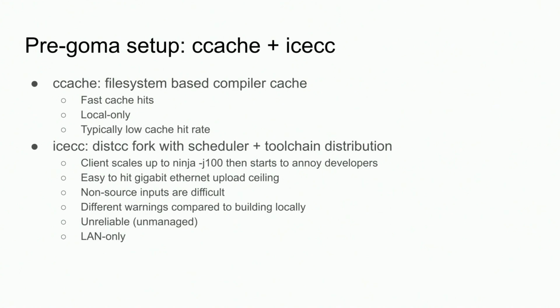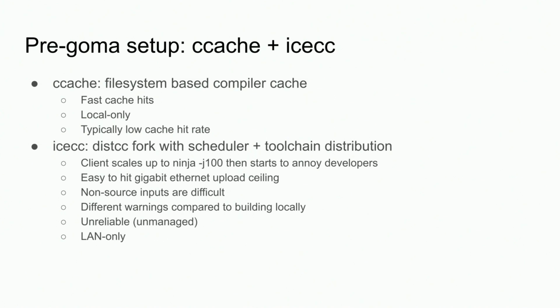This is the typical setup for most downstream Chromium projects, if you don't have Goma. You can use Ccache to get the caching. Unfortunately, it's local only, but when you get a cache hit, it's very fast. And because it's local, your cache hit rate is pretty low. Then to distribute the build, people tend to use ICC or distcc, which sends out the preprocessed source to your network. This only works on a LAN, and it tends to be self-managed.